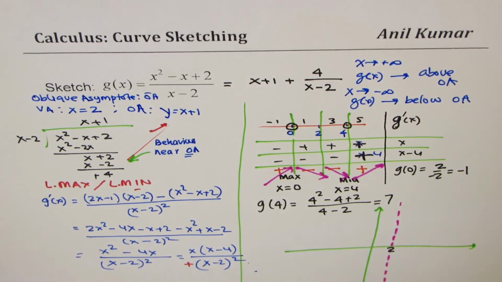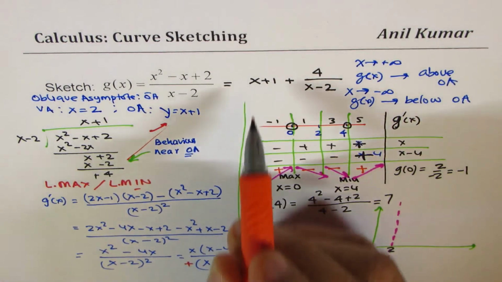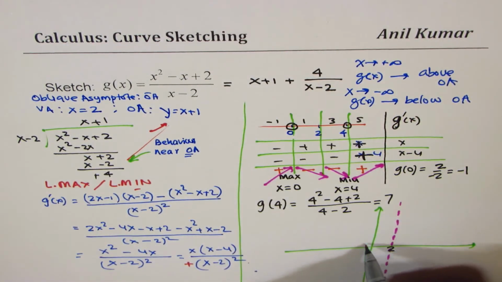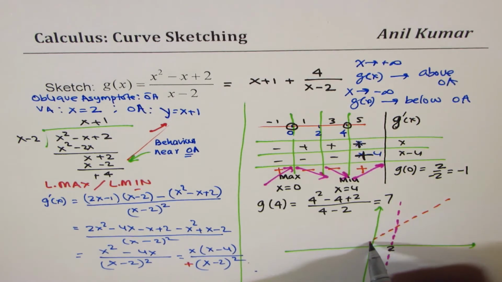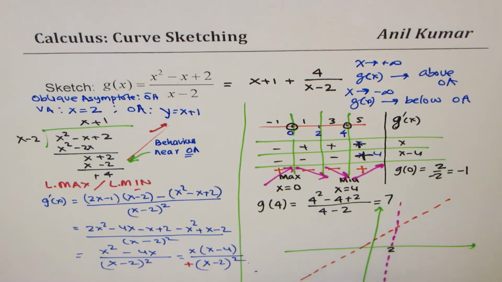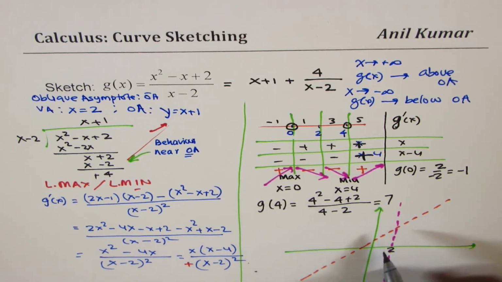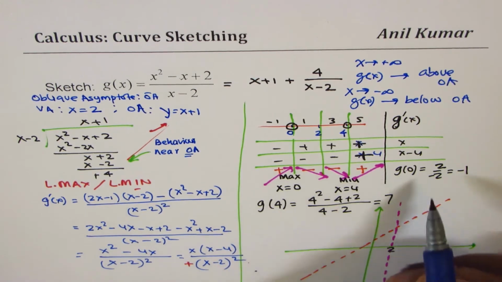And then we have an oblique asymptote which is y equals x plus 1. So that is the oblique asymptote. And let's say this is the oblique asymptote for us. Right, so that becomes the oblique asymptote. And as far as the graph is concerned, we have a local maximum at 0.